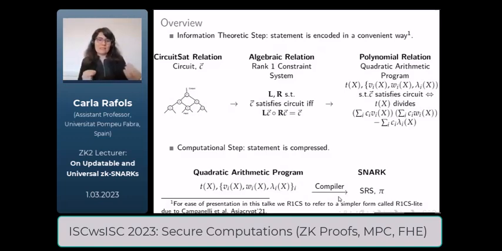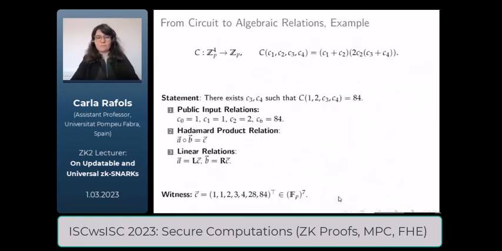And this is the fundamental step for having succinctness. If I don't do these compressed steps, I still need to do a computation that is as big as the circuit, okay? But now I will do this compressing step, and with only one operation, I will be able to verify this equation.